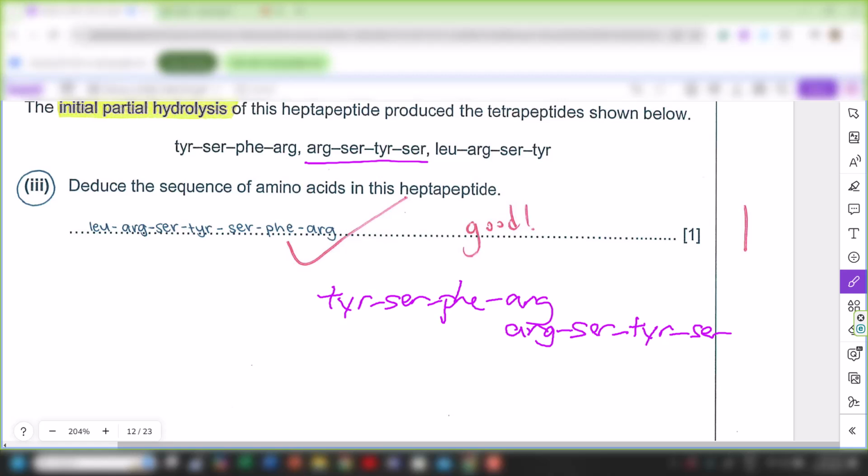Another thing you might notice is that when I look at this, let me bring this out, there is this interesting overlap: Arg, Ser, Tyr. Arg, Ser, Tyr. So can I try to do an overlap with these two fragments first?